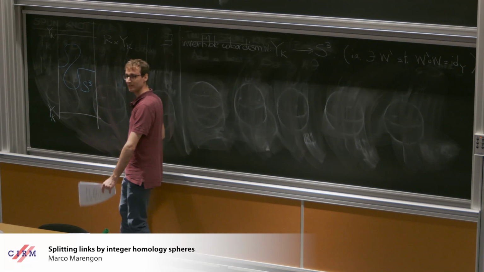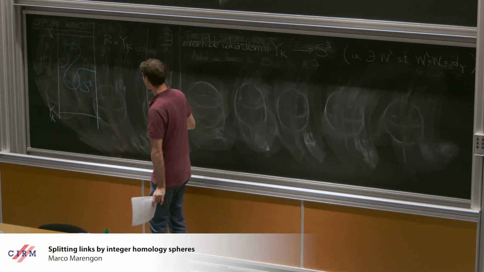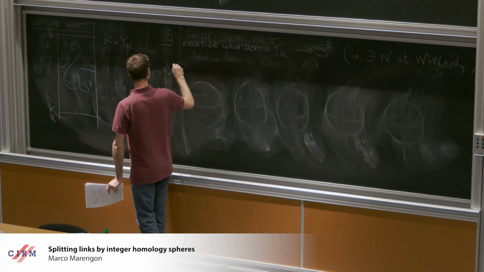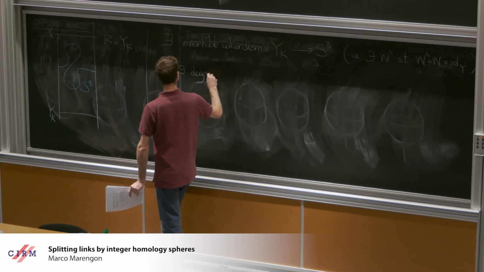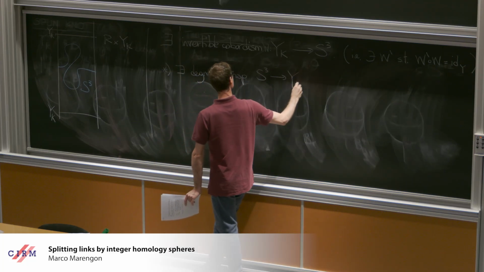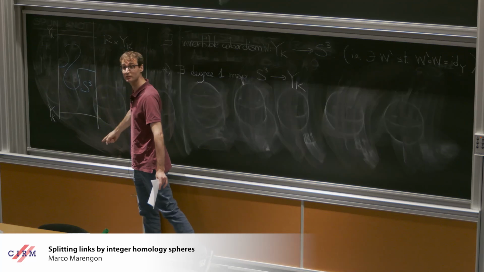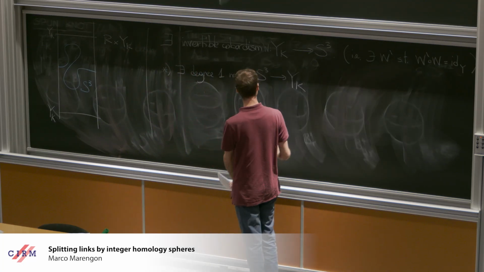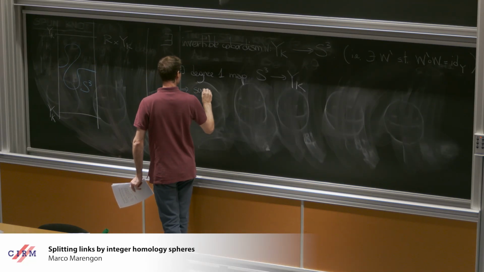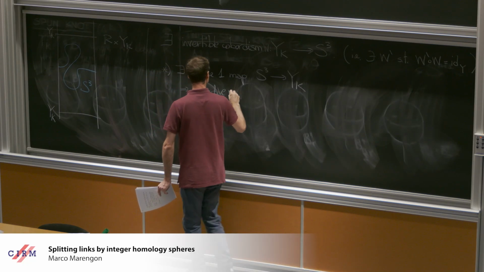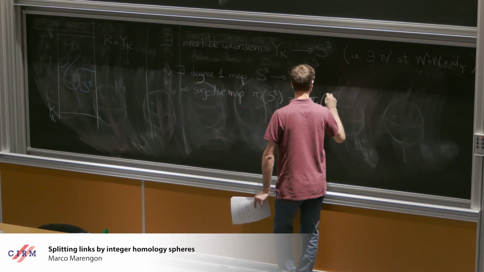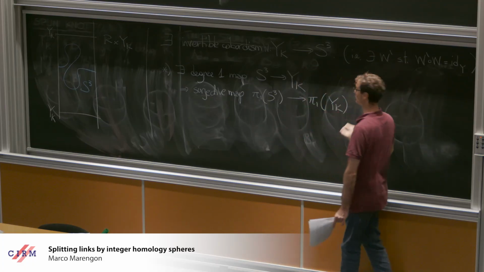And this is where we apply our obstruction. For example, you have a degree 1 map from S3 to Yk that is given just by taking the projection down to Yk. And if you have a degree 1 map, this induces a surjective map on the level of pi ones. And this is our contradiction.